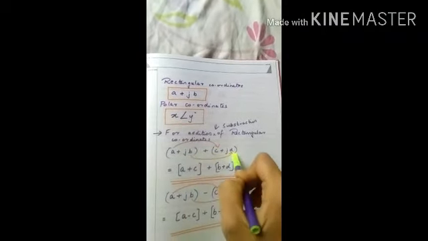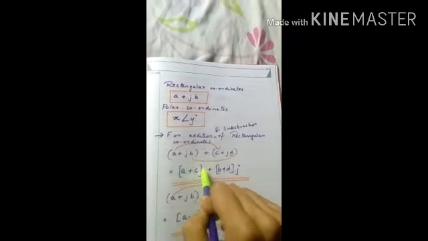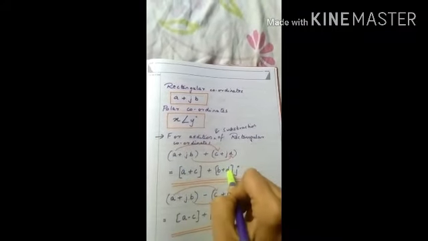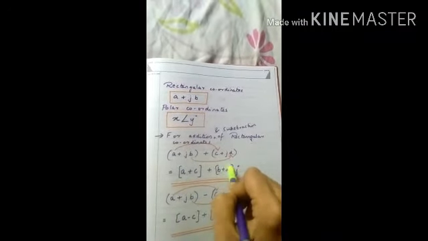So the answer will be a plus c plus b plus d multiplied by the imaginary term j. Similarly, when it is subtraction, you will have a minus c as the real part term and b minus d as the imaginary part term.